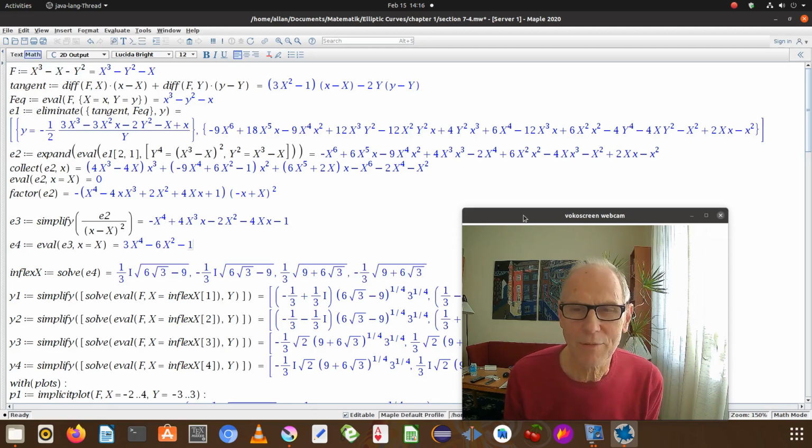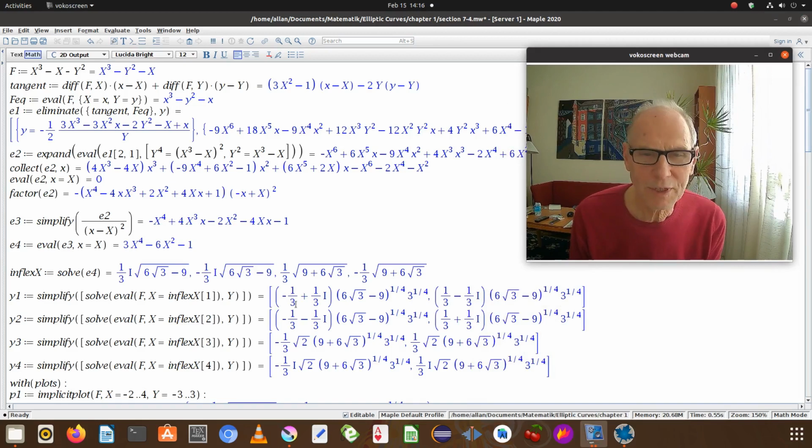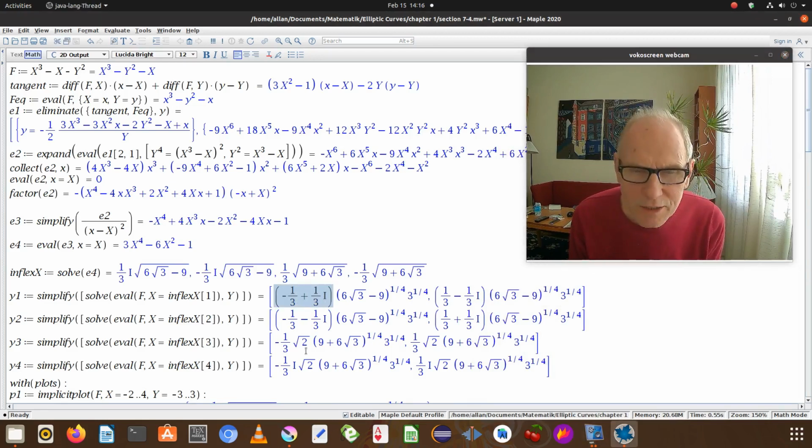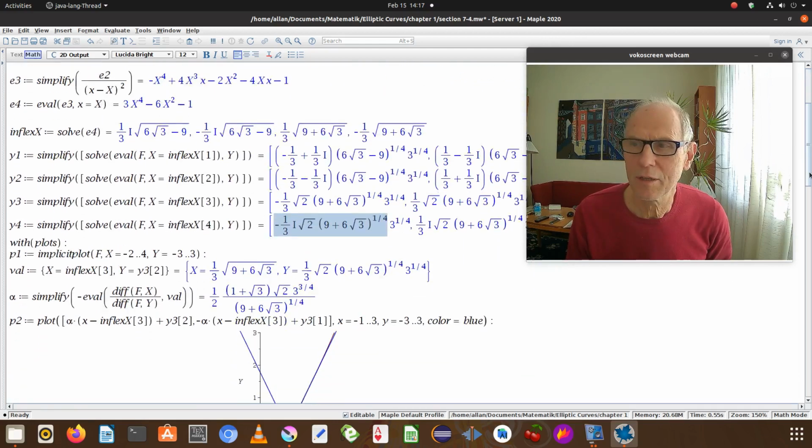And then when I find the values of the second coordinate, this is nicely complex. These are real, connected to that, and these are imaginary. But the real part of the curve we can actually plot.